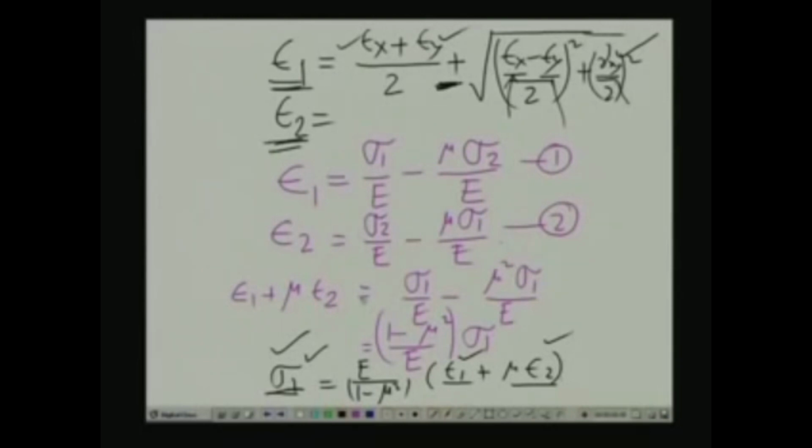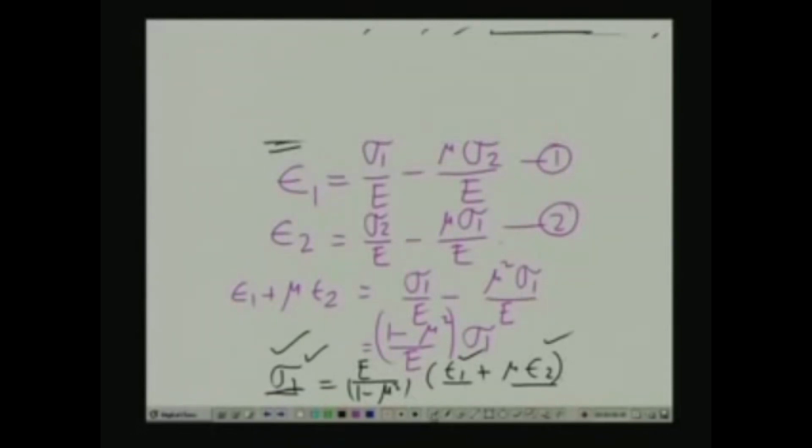Likewise, stress sigma 2 is equal to E by 1 minus mu square into epsilon 2 plus mu epsilon 1.